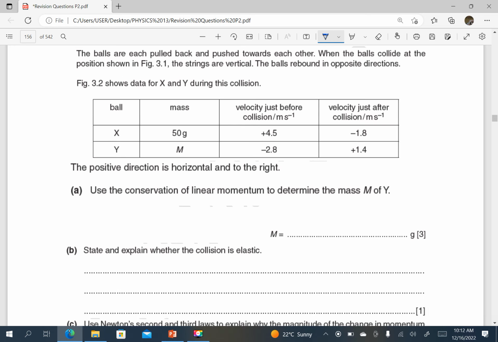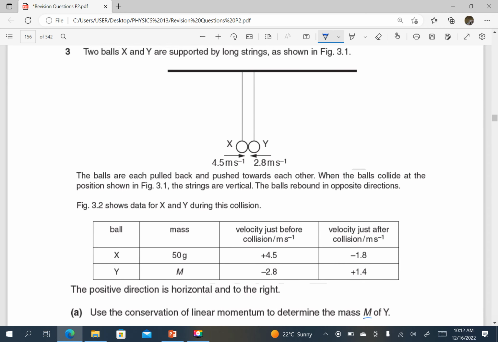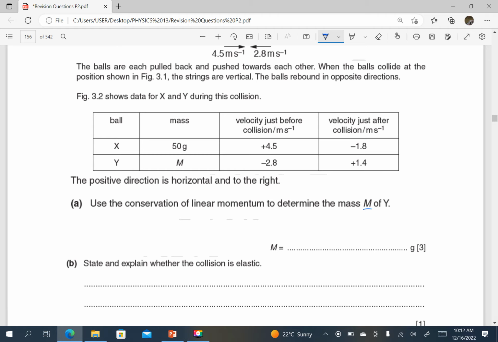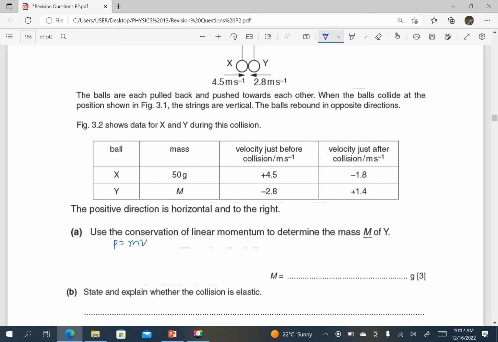Use the conservation of linear momentum to determine the mass m. So we want to determine the mass of ball Y using conservation of momentum. First of all, we know that momentum is equal to mass times velocity. By conservation of momentum, the total momentum before is going to be the mass of X, which is 50.